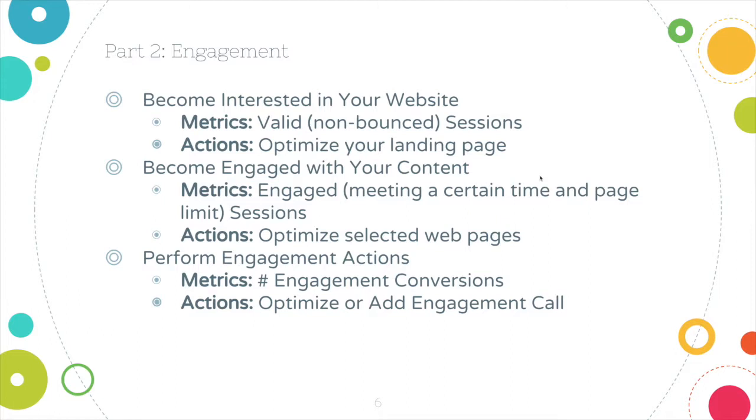The way you can improve engagement actions is by optimizing the number of engagement action steps you have on your website. This could include adding new engagement actions or optimizing your current engagement actions so they become more obvious on your website and prompt customers to actually click on and perform them.